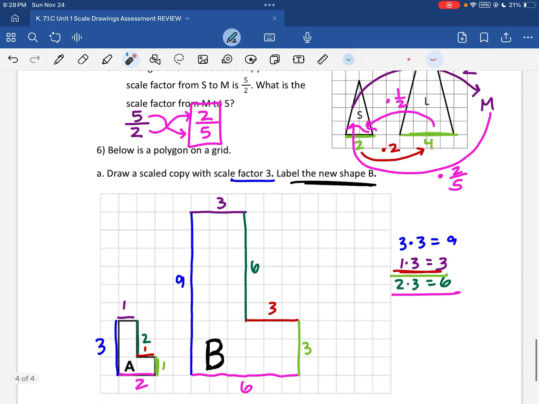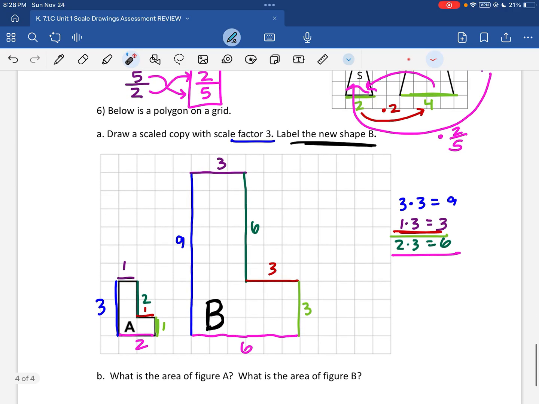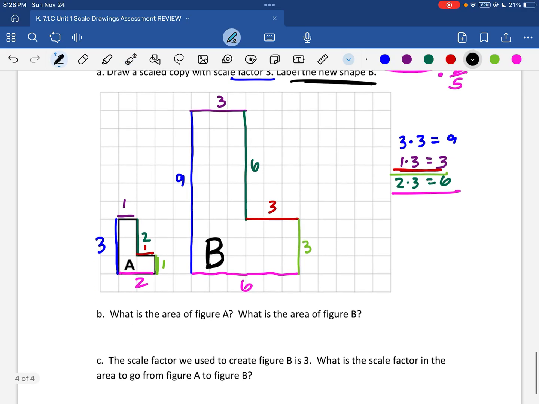You would have to decompose and compose, but I put this one on a grid for a reason. So you can simply count the boxes on the inside. 1, 2, 3, 4. That means figure A has an area of 4 because there are 4 squares on the inside. So we can say 4 square units.